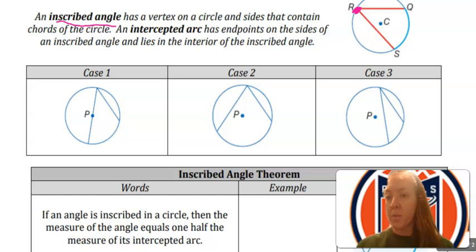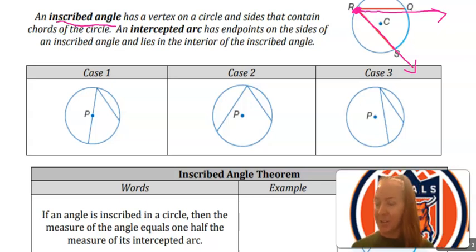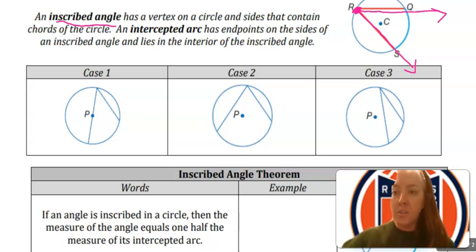Central angles went through the center, but this time for an inscribed angle, you have the sides like this. If we extend out, we can see it as an angle. So these are the sides, RQ and RS, and the vertex is R, so it's on the circle. This is the angle that we're referring to.